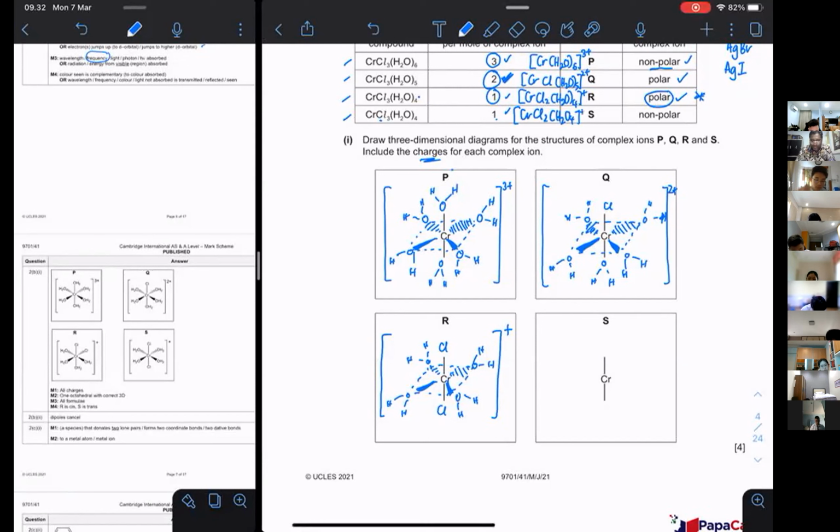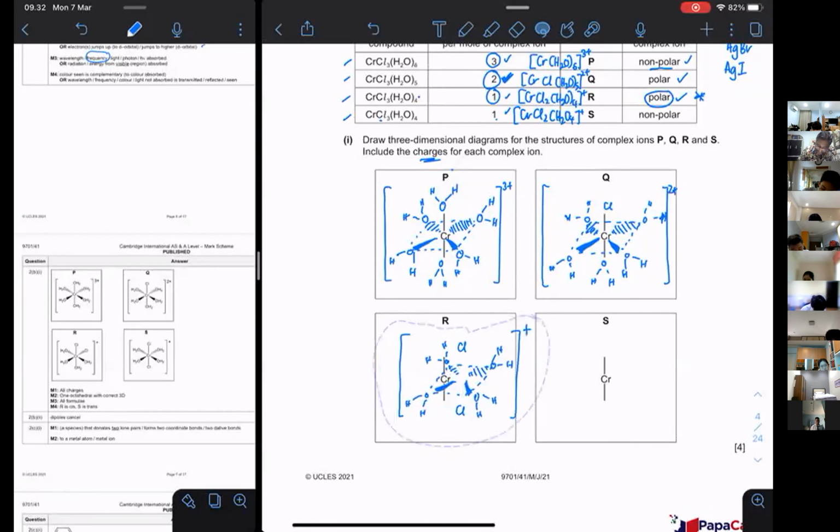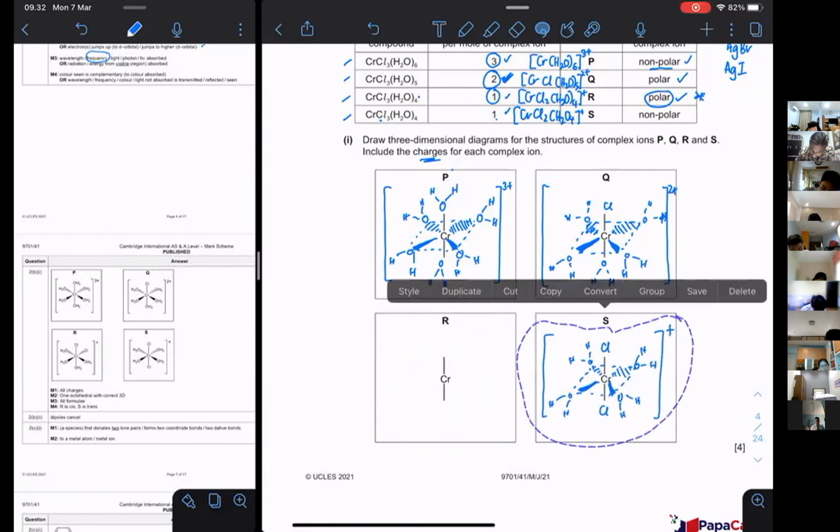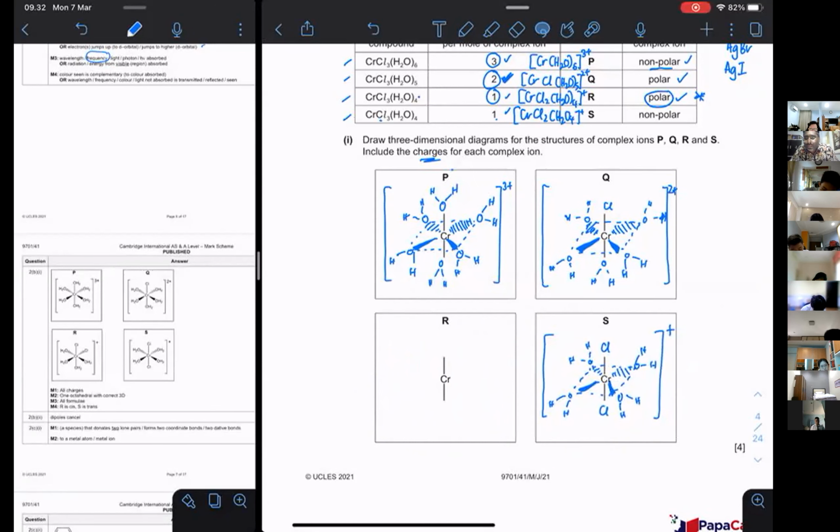So what I did was, if they cancel with each other, non-polar, that will be more suitable to draw for compound S. This should come over here, then it will become non-polar. Is that clear, Josh? That will become non-polar.